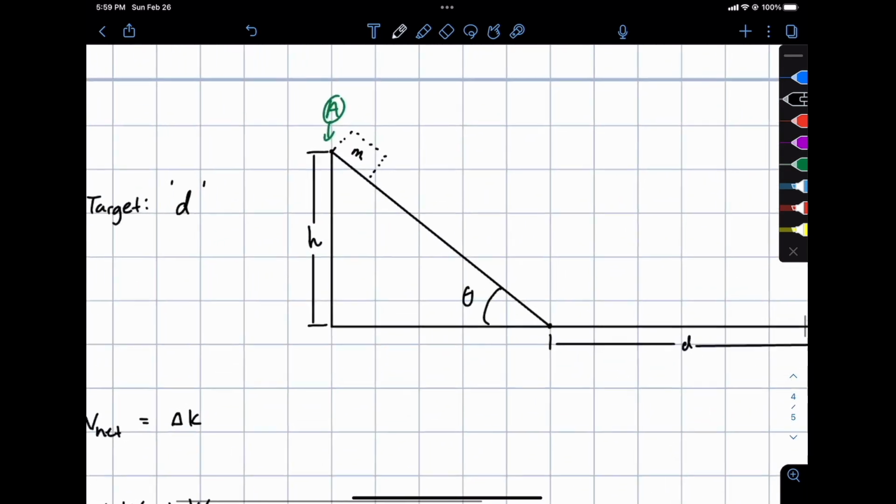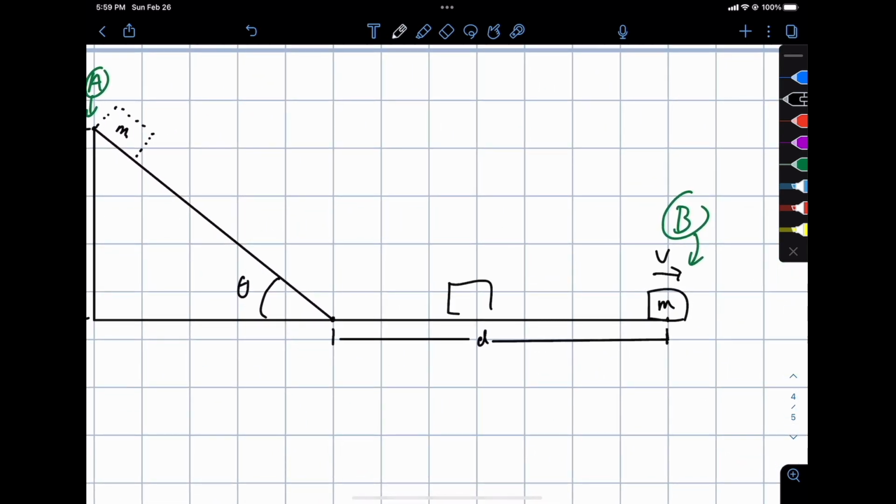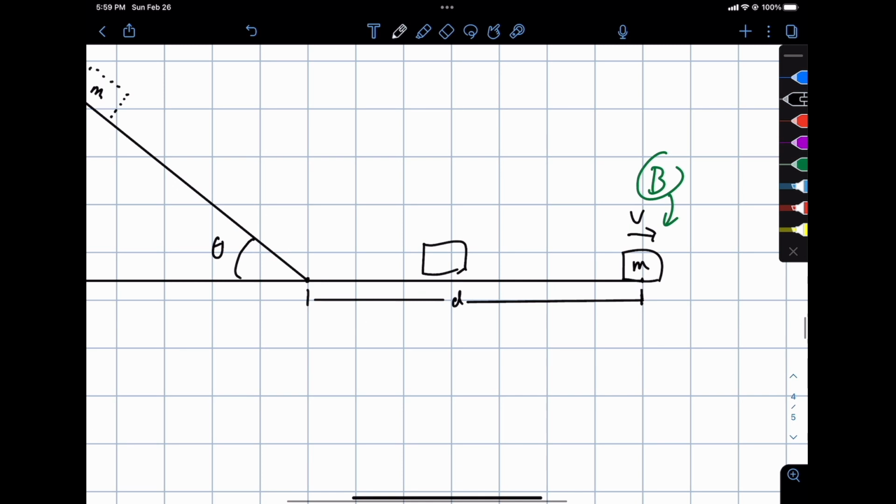However, that was only for the part when we did the plane. But now we need to include the forces on the flat surface. So what are the forces on this thing? Gravity, normal force, friction of the surface. And what do we notice?